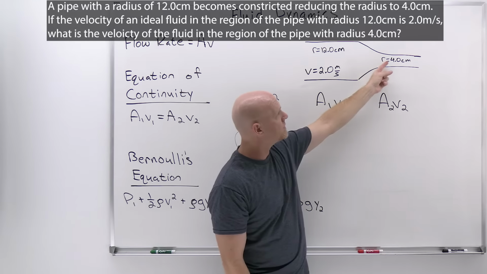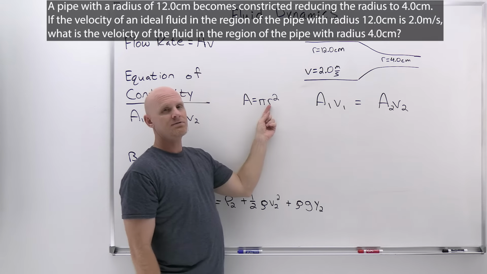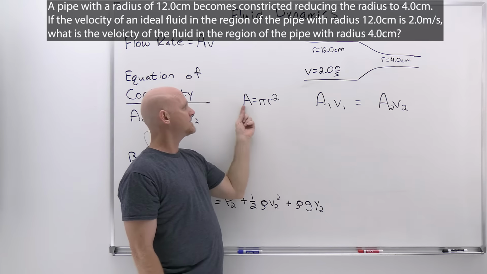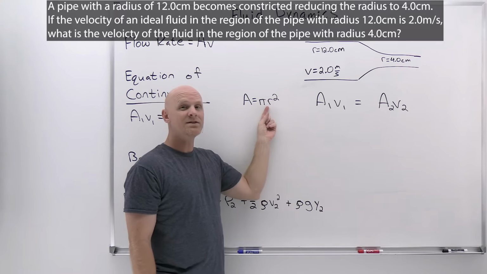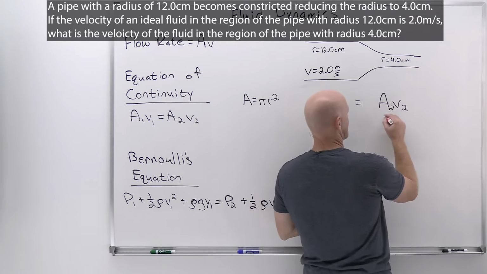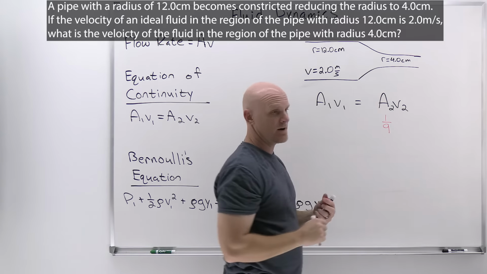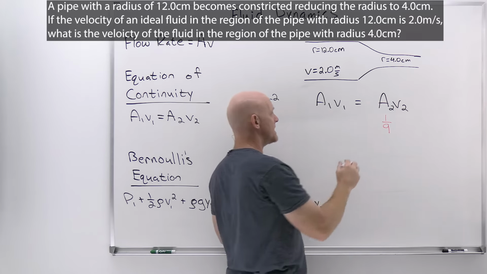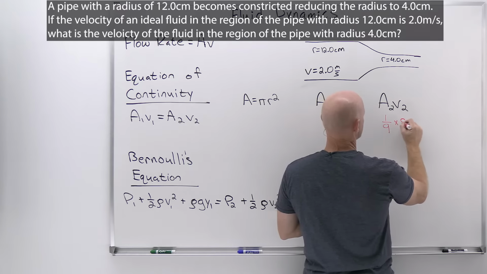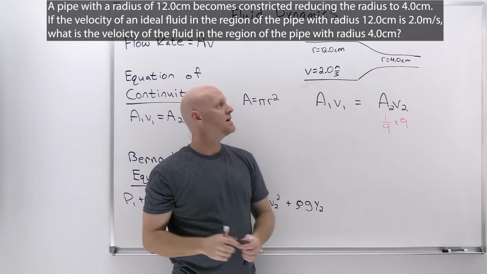And so if r goes down by a factor of 3 from 12 centimeters to 4 centimeters, A is going to go down by a factor of 3 squared, a factor of 9, which means that the area is only going to be 1/9 in this region of what it was in the big region here. And if the area is only 1/9 of that value, that means the velocity is going to have to be 9 times faster. That's the key to this question.